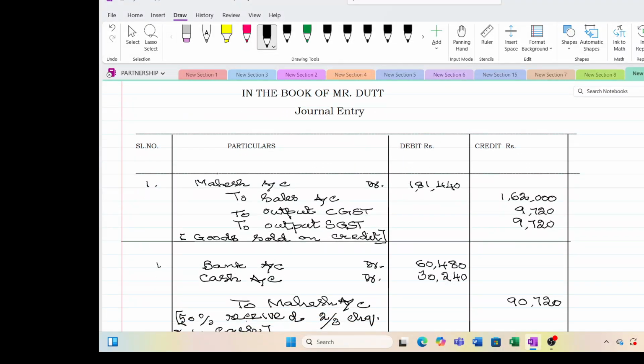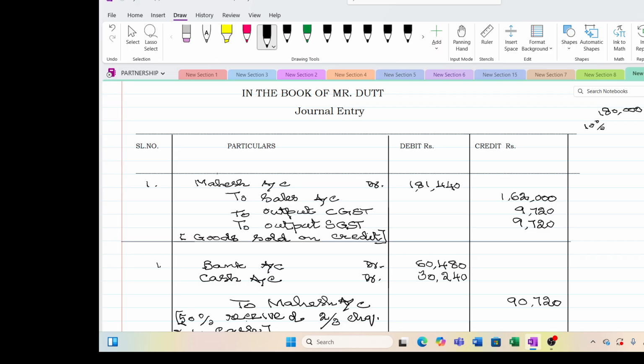First one, they have said that the goods were sold for a list price of 1,80,000. So list price we don't record. We don't record the trade discount. After reducing the trade discount, it is recorded in the books of accounts. So 10% is the trade discount.